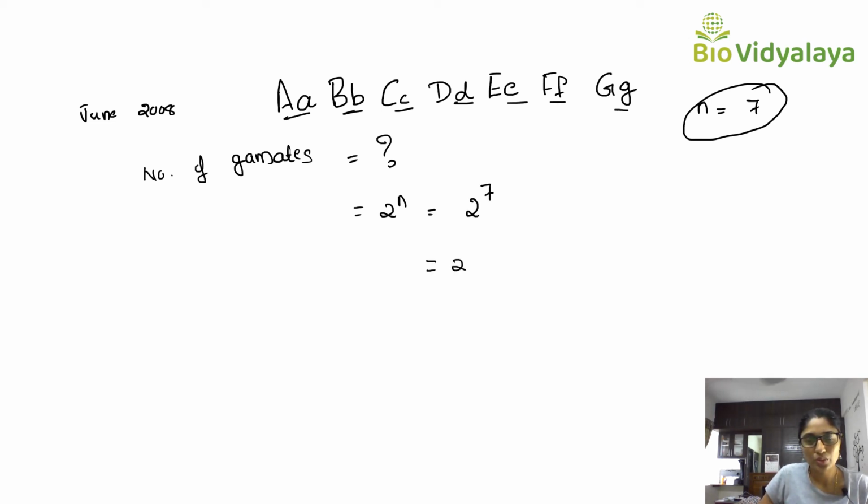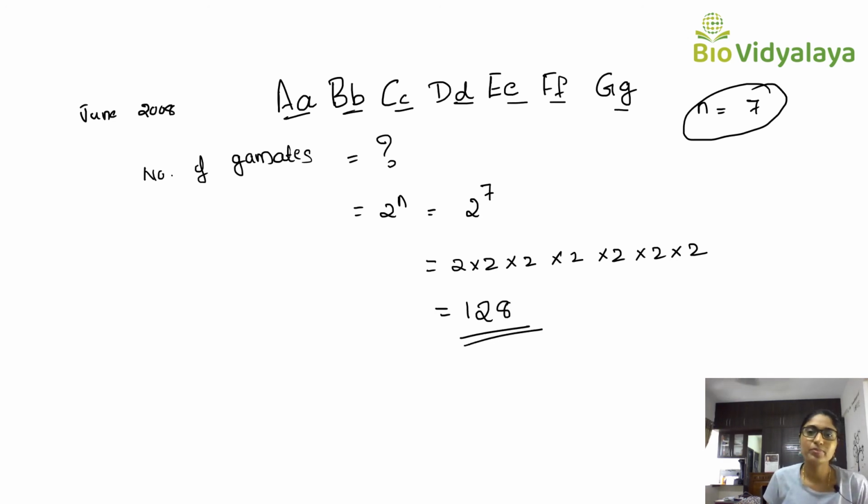So 2 into 2 into 2 into 2 into 2 into 2 into 2. So upon solving we will get 128. Okay. So the answer is 128. I hope you all got this answer. Let's see the next question.